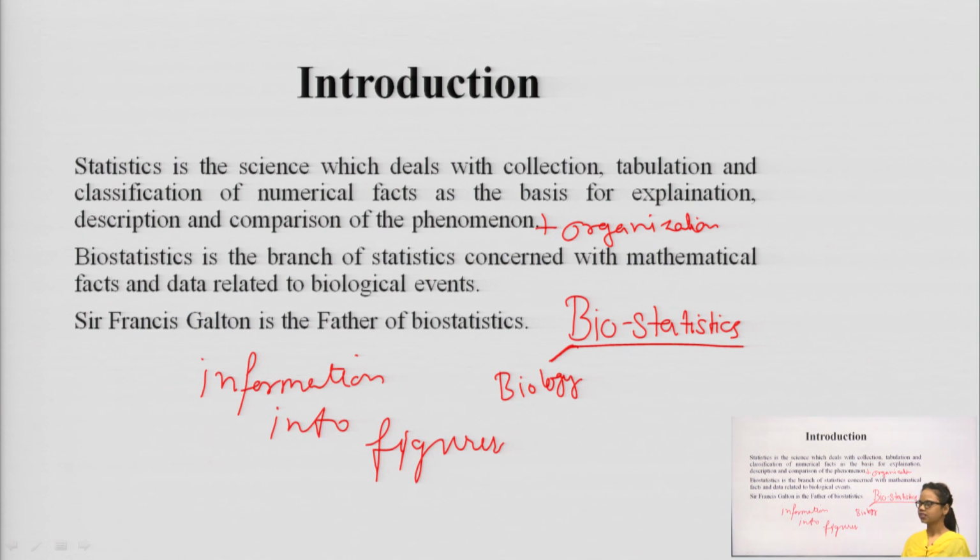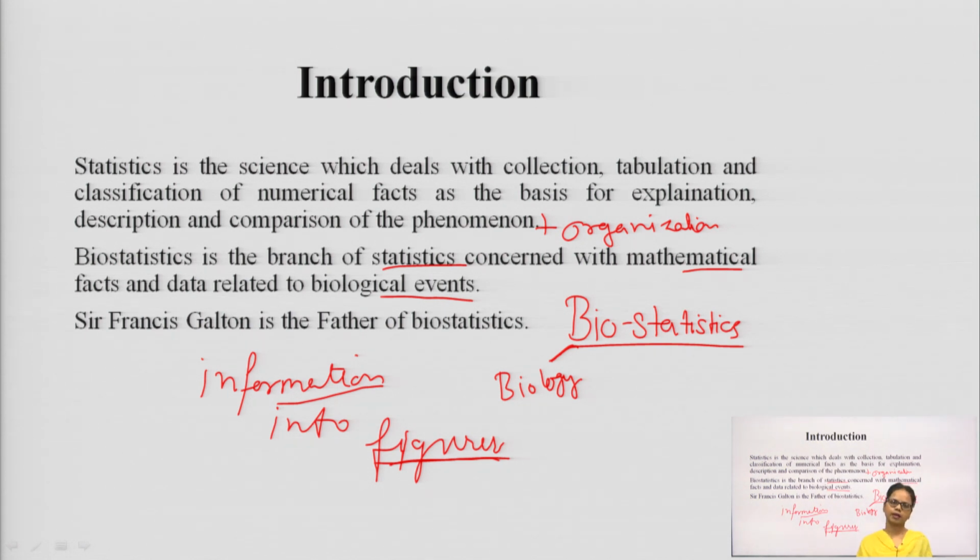It simply means if there is any information related to biological events, then by using statistics, in which we do mathematical calculations or tabulation or collection or organization, it converts the information into figures or tables. This is known as biostatistics.